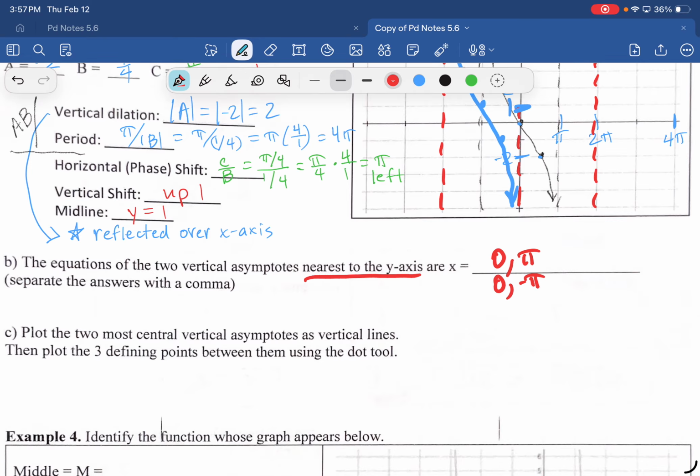Negative 1 pi, comma 1 for the point that the origin went to, and 0, negative 1 for the point that the rightmost dot went to.